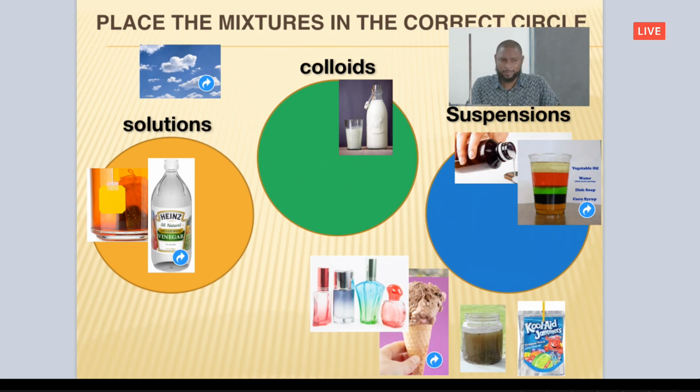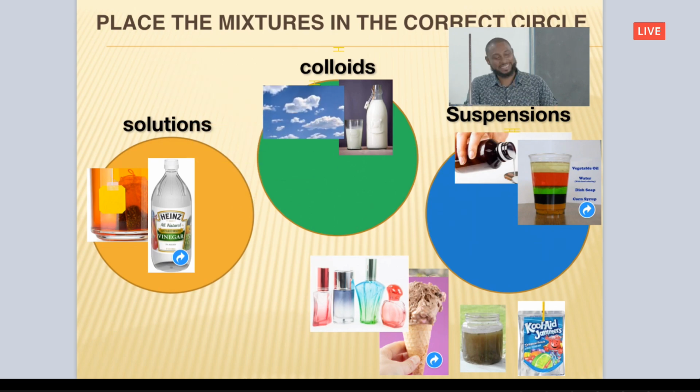No, they're just up there floating away without any care in the world. If you pass light through it, is it cloudy? Yeah, you see that there? It's cloudy. It's a cloud. Therefore, it's a colloid. Clouds are colloids. Excellent.